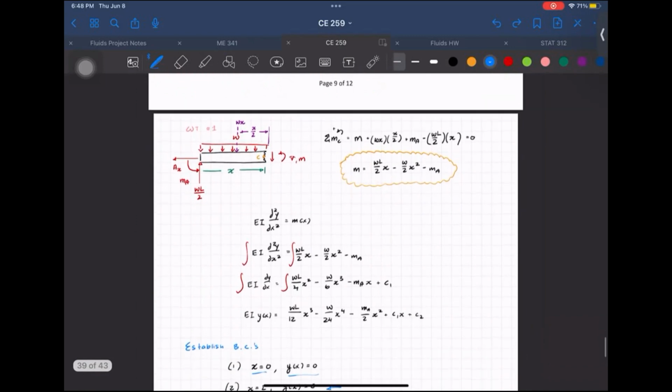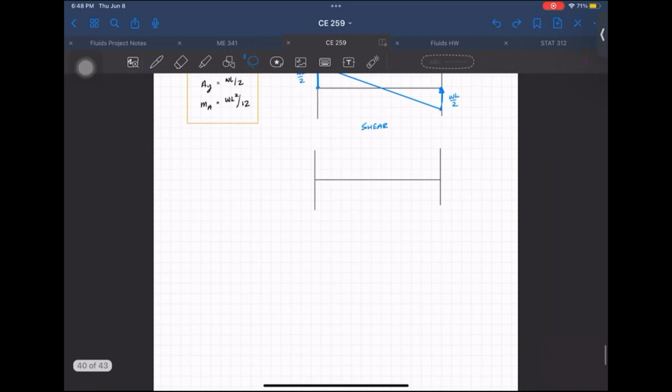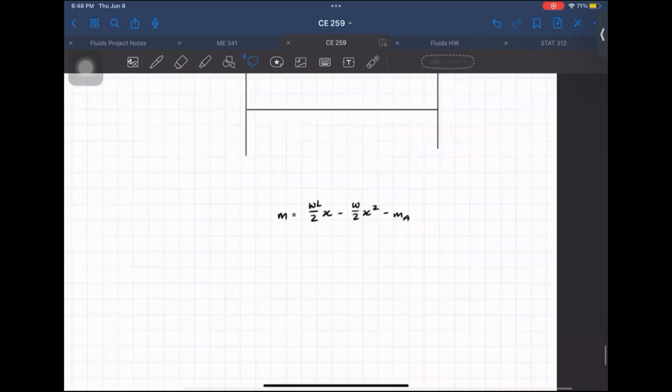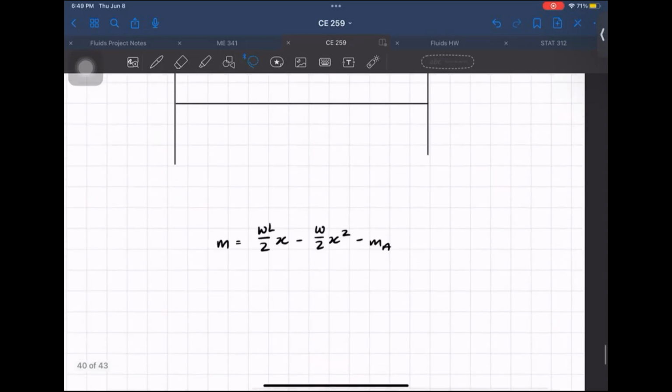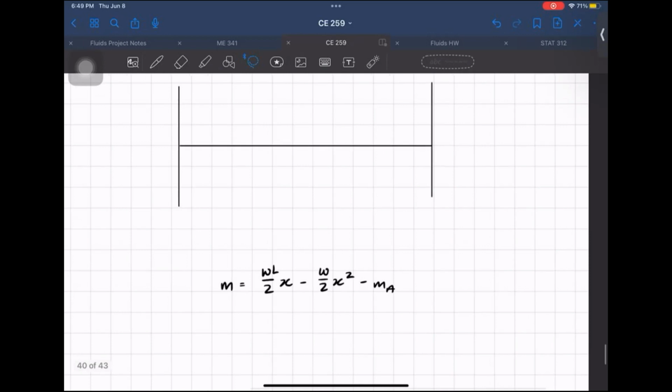Okay, well, let me just copy this real quick. So the moment diagram is associated with this expression that we came up with earlier, and so you technically want to be plotting this curve into the moment diagram.